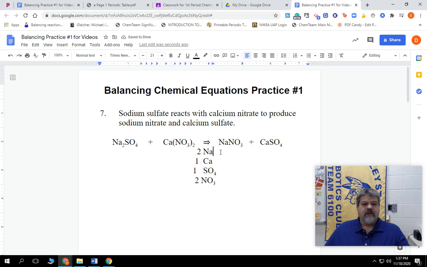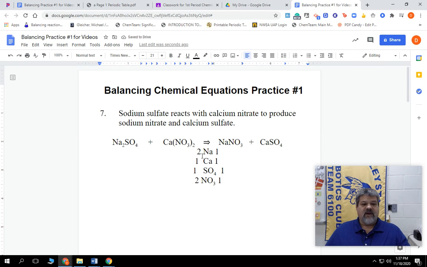And we go to the other side. I have 1 sodium right there, so we're going to put a 1 right here. For our calcium, I have it over there, so we only have 1, so we're going to put 1 right there. Our sulfate is right here, we only have 1 of those. And we only have 1 nitrate, which is right there.